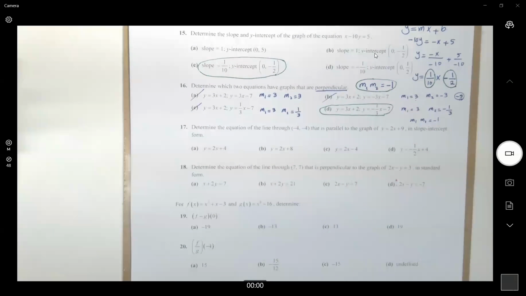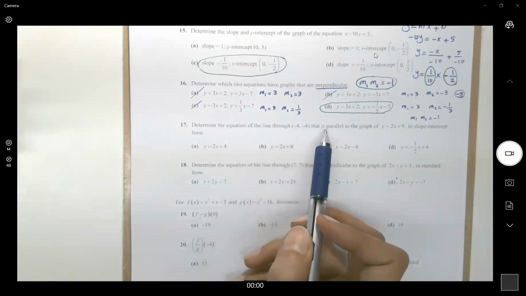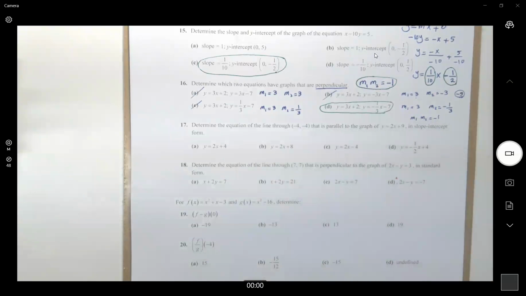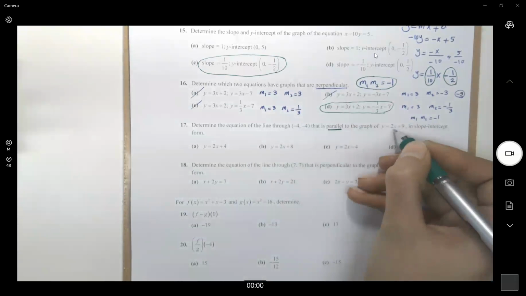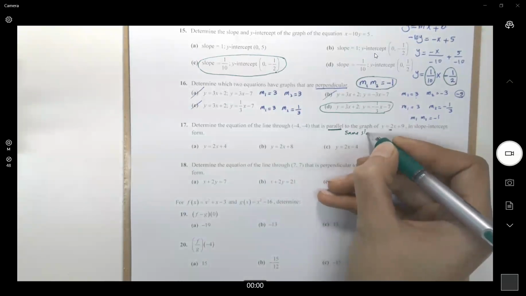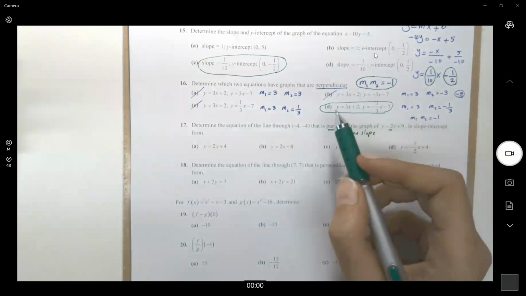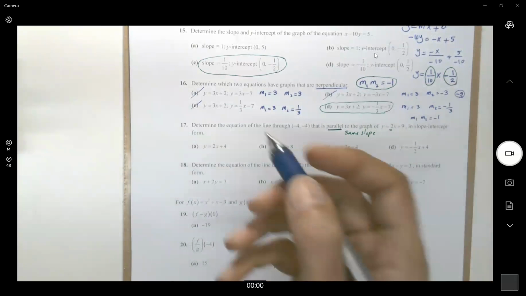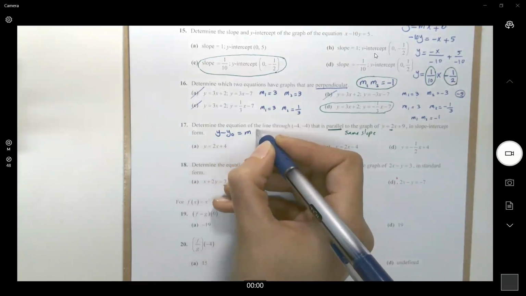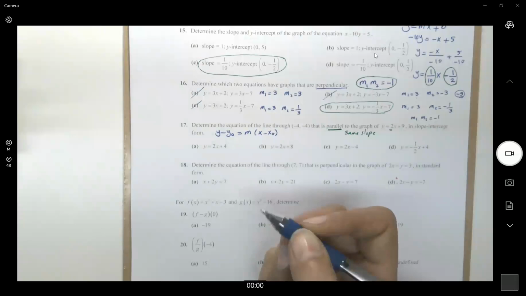Question 17. Determine the equation of the line passing through this point and parallel to this line. When you say they are parallel to each other, it means that they have the same slope. So since you have the slope and one point on the line, you can use the point-slope formula and find the equation of the line.